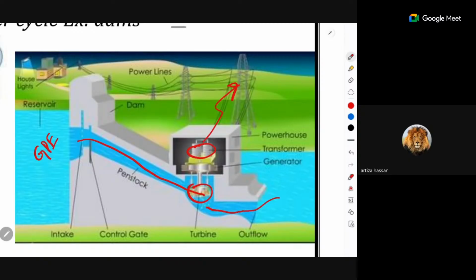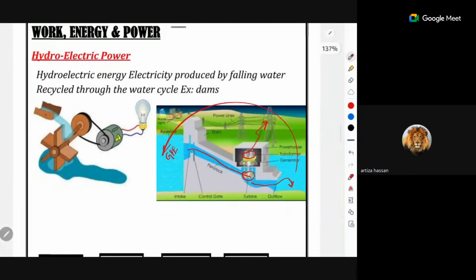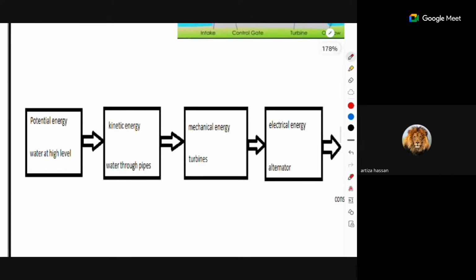And then the water is not used up. It is just recycled. It comes to the lower deck, and then either by clouds or artificially we shift that water back to the higher level. So here in this chamber, what we have is the gravitational potential energy of the water.